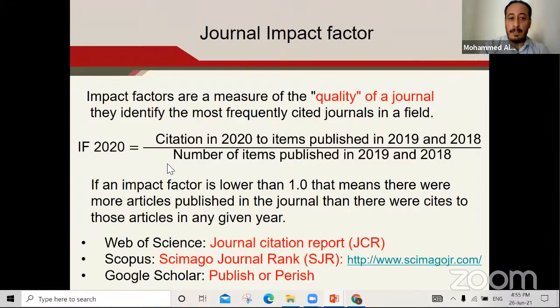So the impact factor reflects the quality of the journal, because if the journal publishes more articles than the citations that they get for their articles, then the impact factor will be reduced.